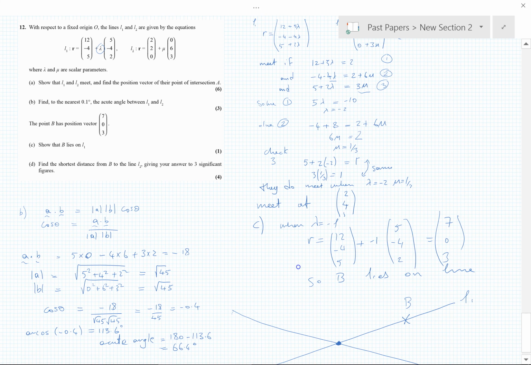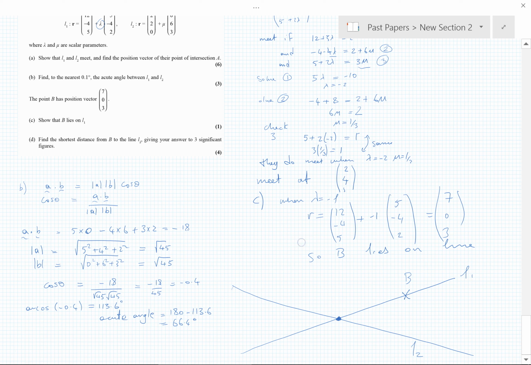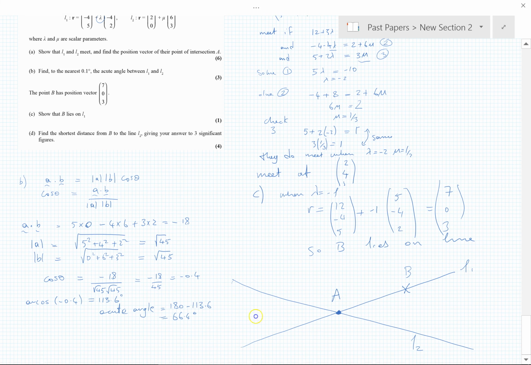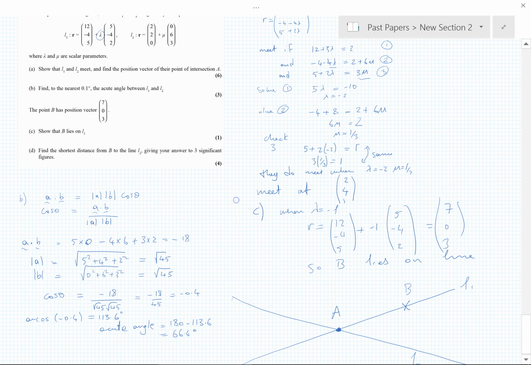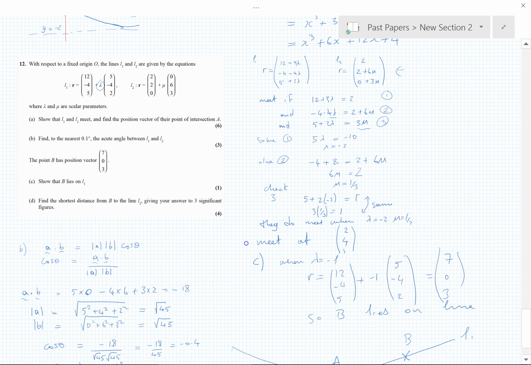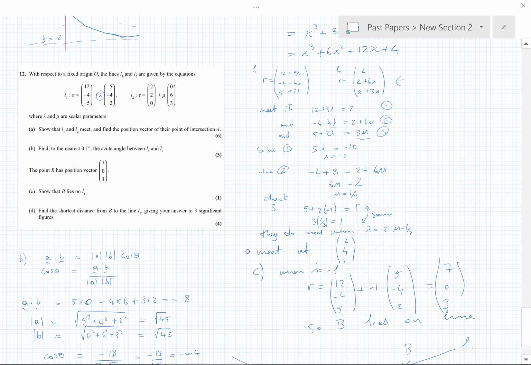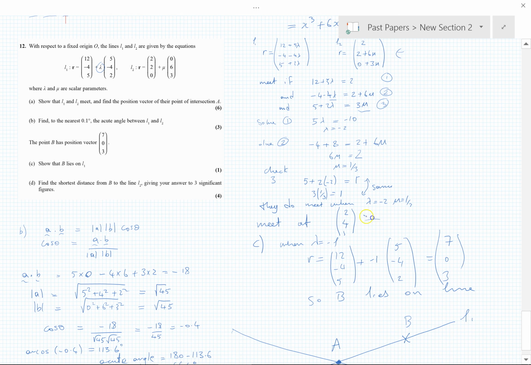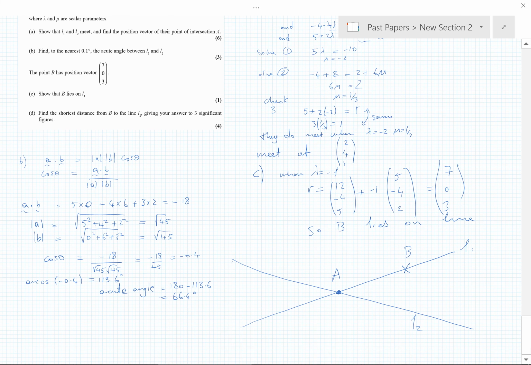And we know the coordinate where they meet, the point of intersection, that's point A. We know that as well, the 2, 4, 1 here. So we know those 2 points, so that's important.